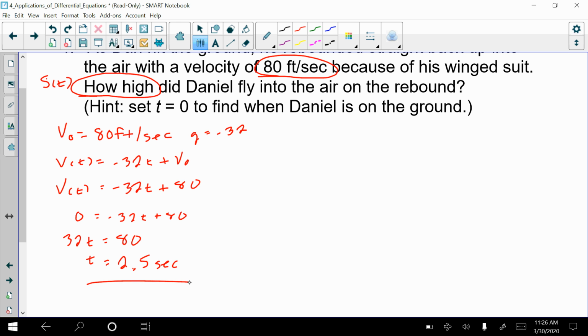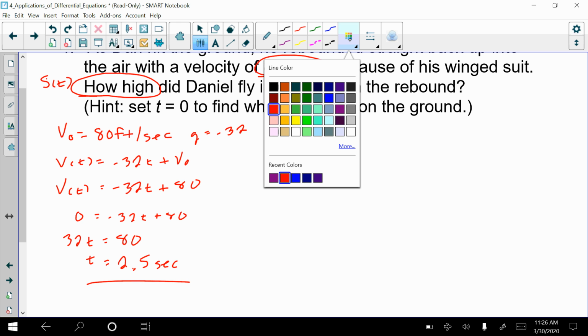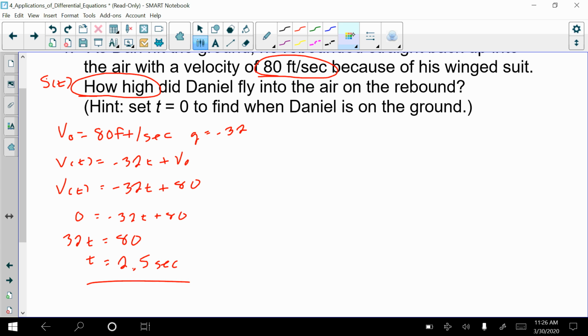Now we just have to figure out the position function, which isn't going to be terribly difficult to do with our antiderivative process for integrals. We know that the position is going to be the integration of the velocity function. And so that's exactly what we're going to do.